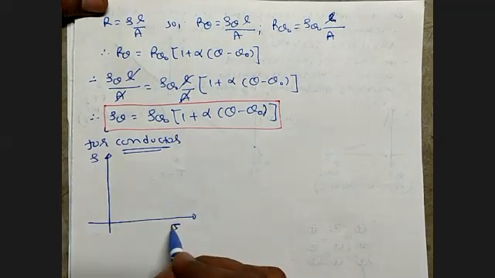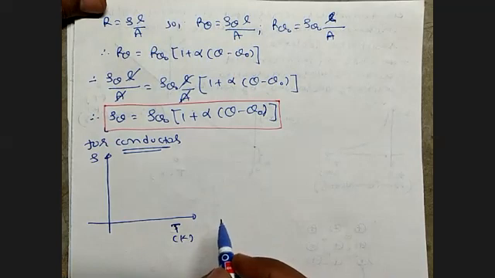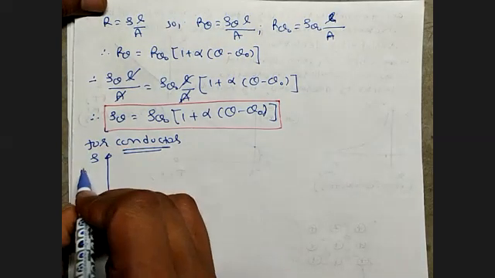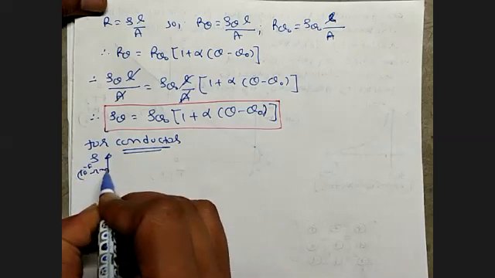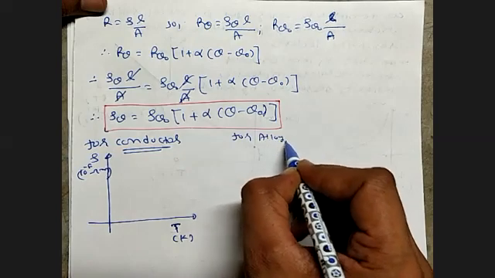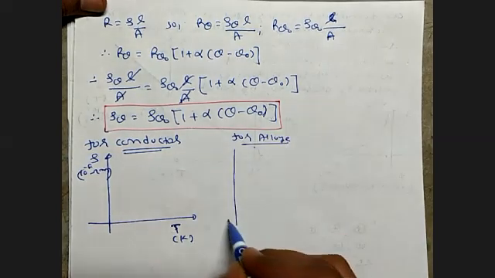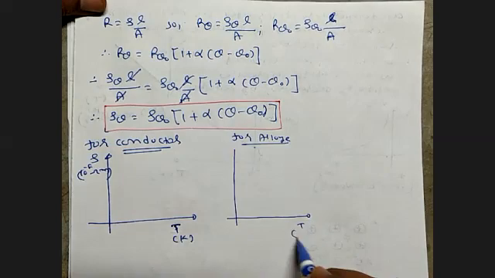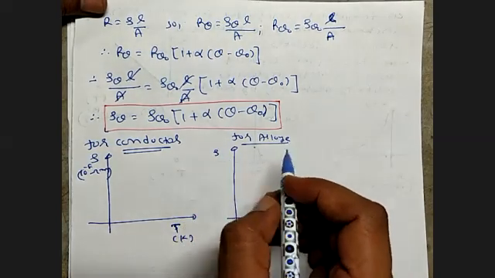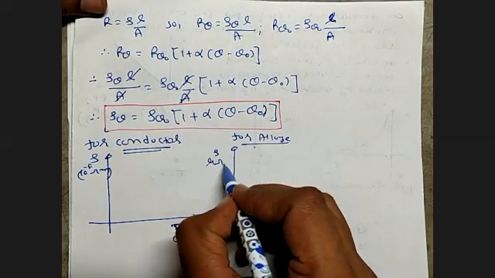I redraw. This is in terms of Kelvin, for a conductor, for a particular value of conductor. It is of the order of 10 to the power minus 8 ohm meter. For an alloy, that is temperature in terms of Kelvin, and that is, sorry, micro ohm meter.